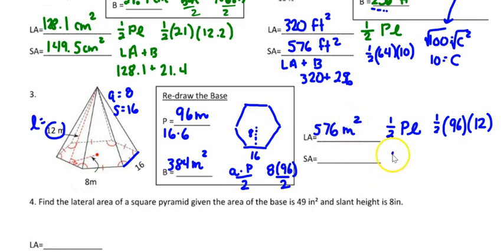And then this one's going to be the lateral surface area plus the 1 base. So 576 plus our base, and that gets us 960 meters squared.